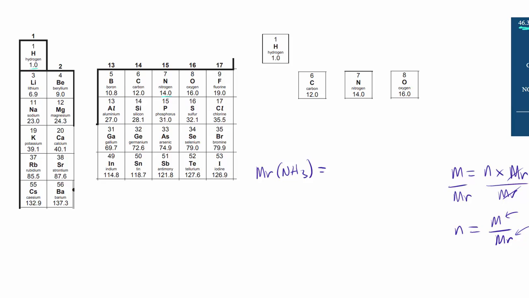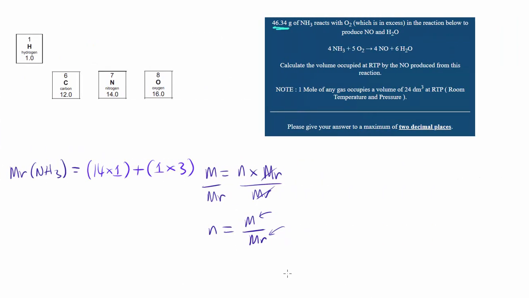So we get 14 multiplied by 1, and we add this to H3, so that's 1 multiplied by 3. If we go through that process, it gives us 17. And the units, given it's a molar mass, is grams per mole.